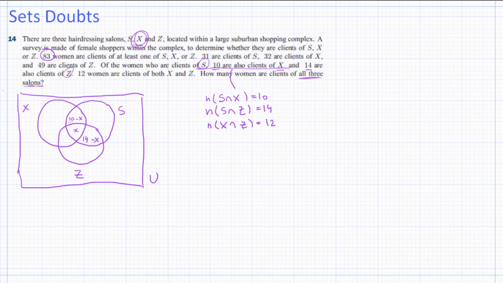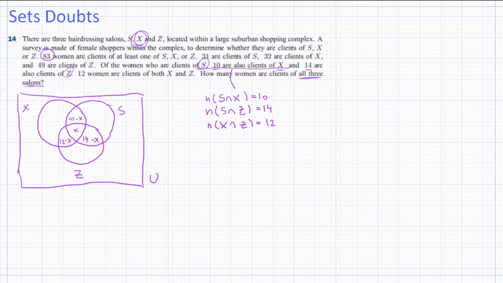Likewise, this other portion, the intersection between sets X and Z, needs a total of 12, therefore this is 12 minus x. We can easily check that whatever x is, we will have the totals that we're told in the question.